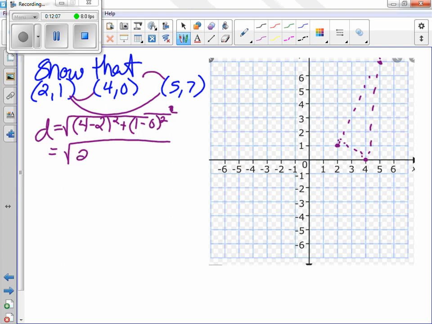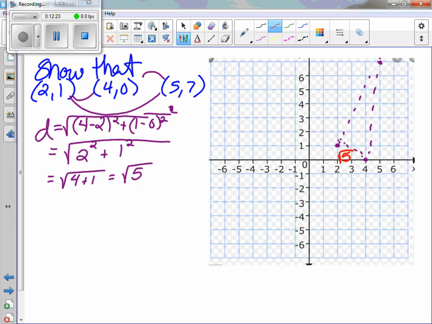So we'd have 4 minus 2 is 2 squared plus 1 squared, which is 4 plus 1, which is equal to the square root of 5. So this distance here, I'll write in red, is square root of 5. So that's 1 down.